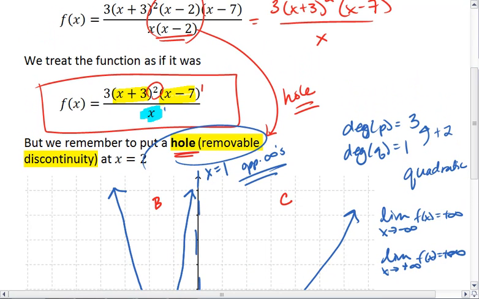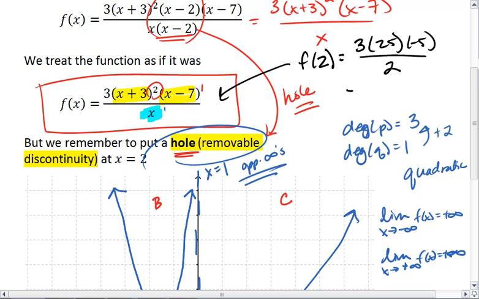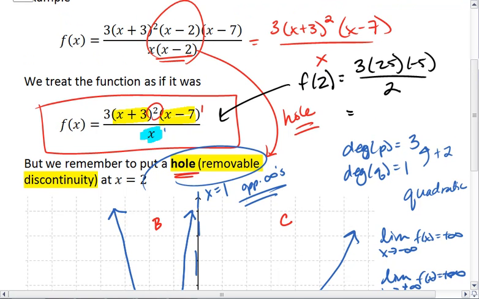We could plug 2 into our function and figure out what the value could be. We find f of 2, which will equal 3 times 25 times -5 all over 2. We find that f of 2 is -187.5.